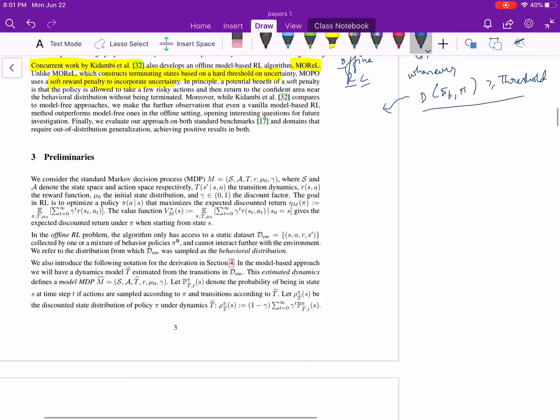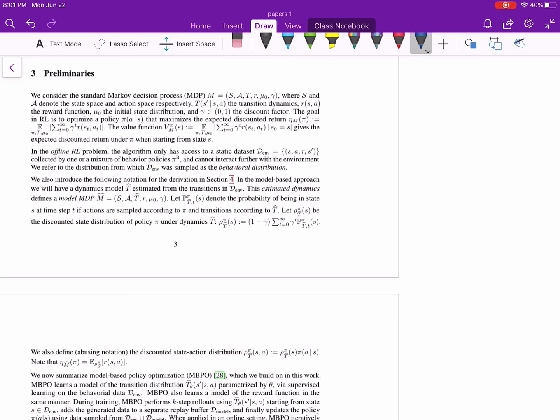So let's move forward. The third section, preliminaries. The initial part is the usual definitions of MDP.